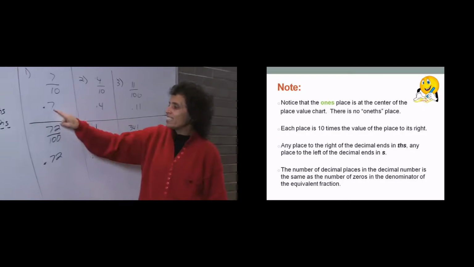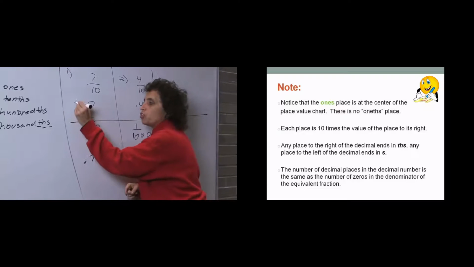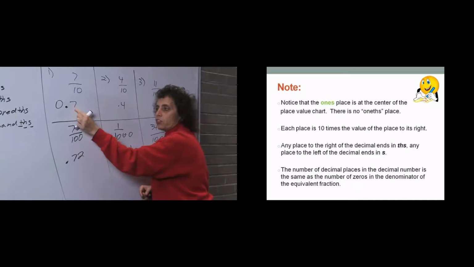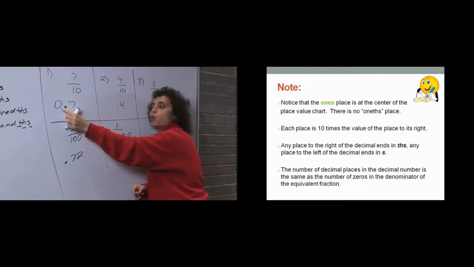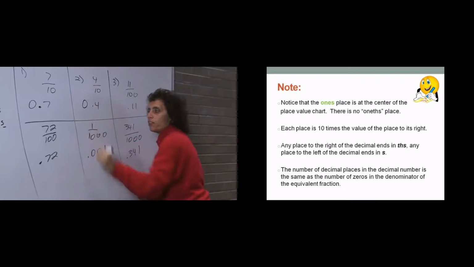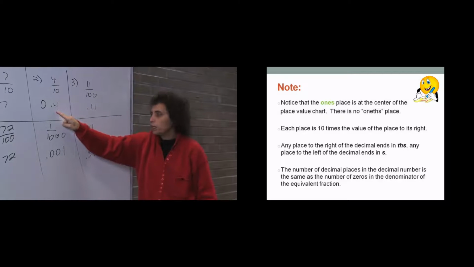So notice this, 7/10. The reason this is 7/10 is because I can put a 0 here. That's a 0 in the ones place. And the first place after the ones place is the tenths place. So I could write this as 0.4, 0 ones and 4 tenths, because that would be the next place.